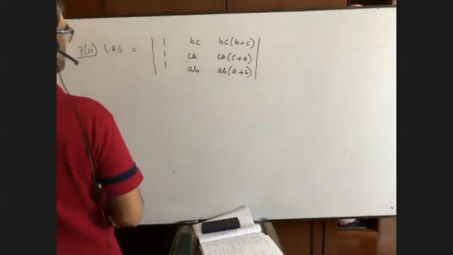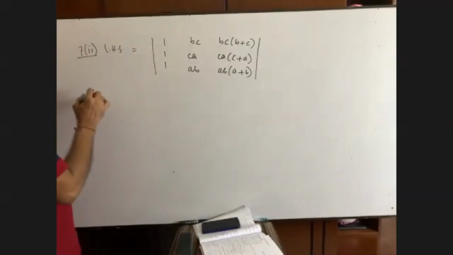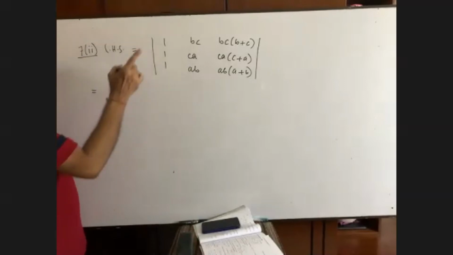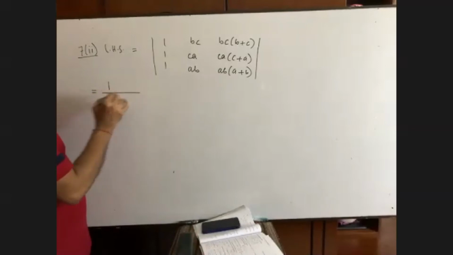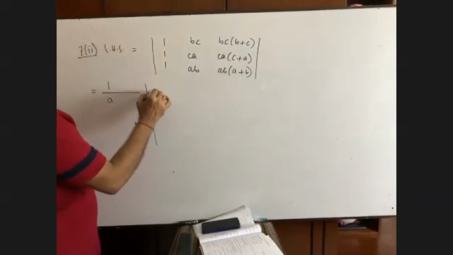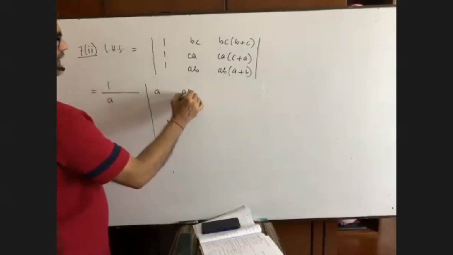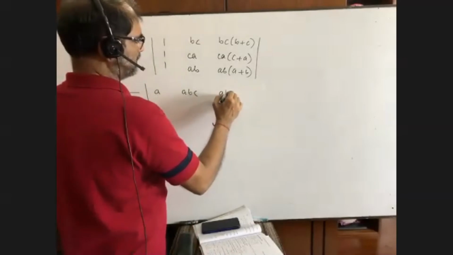If I multiply the first row by A, then it is A, and this is A. It is ABC, and again ABC.